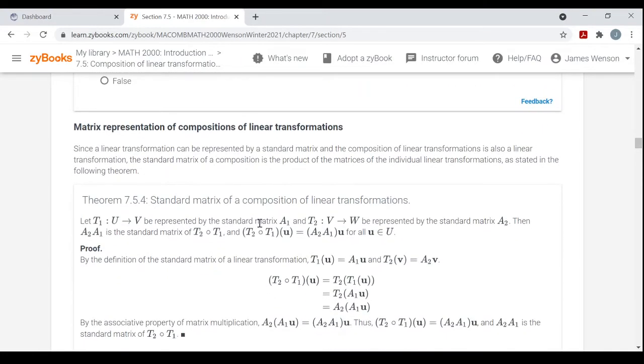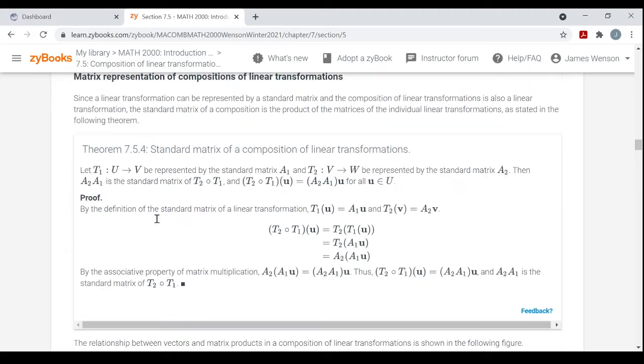All right, now we get into what will make composition a little easier: matrix representation of composition of linear transformations. So remember the standard matrices. Say T1 has a standard matrix A1 and T2 has a standard matrix A2.